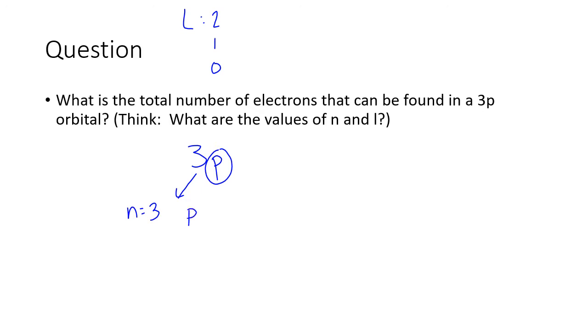In this case, the L value is going to be 1 because 2 is a d orbital, 1 is a p orbital, and 0 is an s orbital. So the d and the s orbital options are eliminated. And so n equals 3, but L is going to equal 1 specifically.